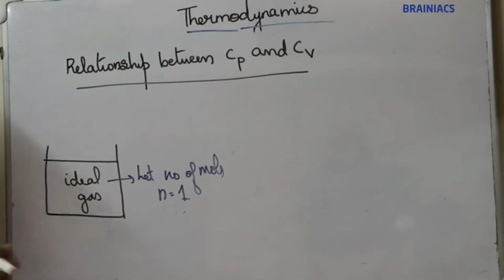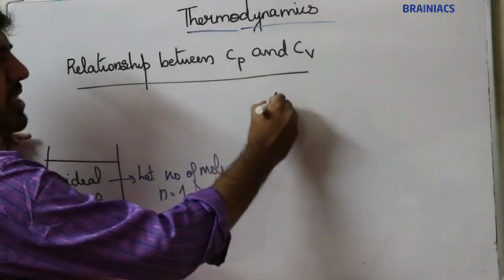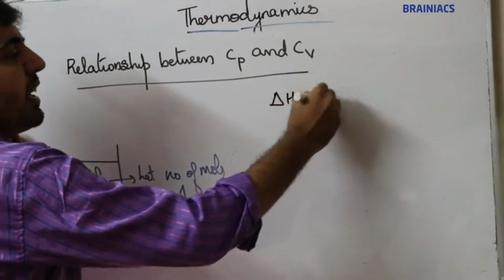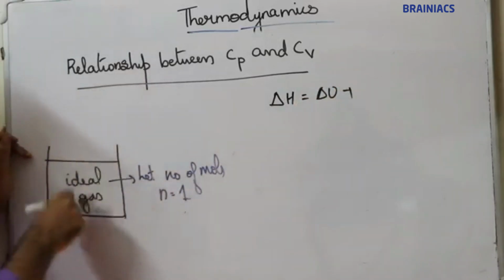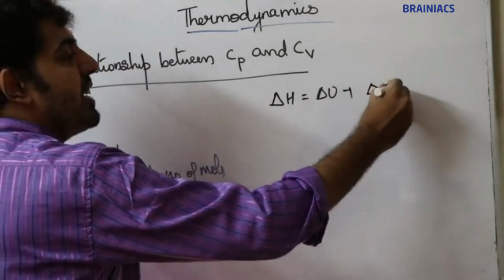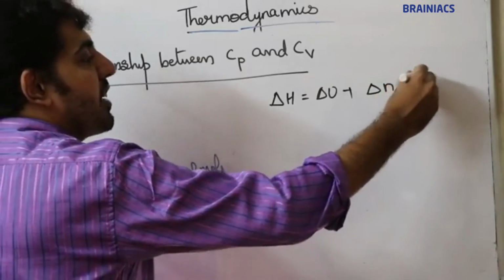Now, we know the equation to calculate delta H. Delta H is equal to delta U plus, since this is gas, we can write delta Ng RT, right?